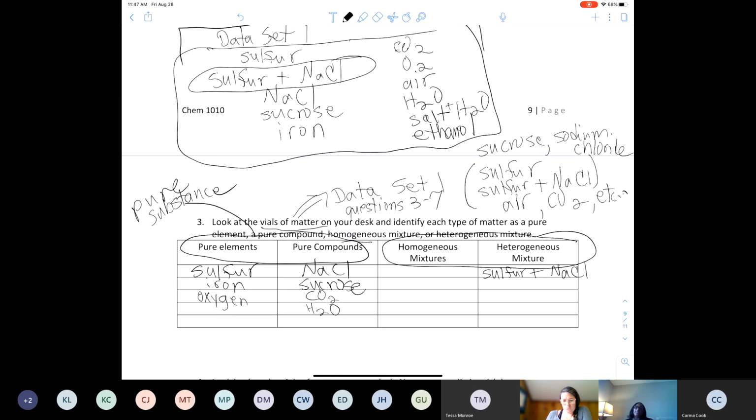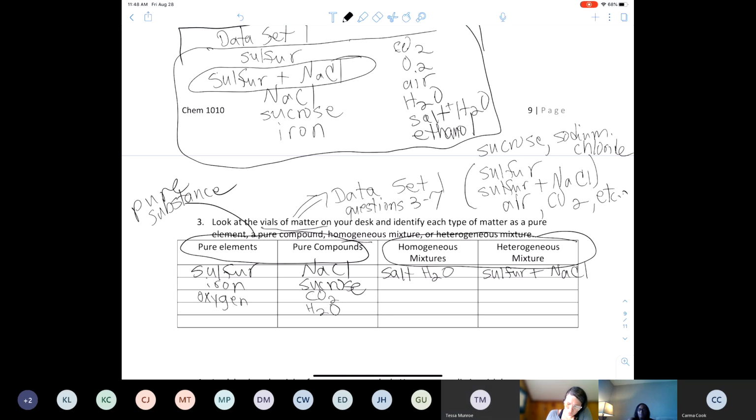Could you see some salt sitting on the bottom of the vial, or was it all mixed in? Was that salt completely dissolved? Probably. So I'd say we'll call that a homogeneous mixture, because that salt was completely dissolved in the water. It was all mixed in very well. There wasn't any salt sitting at the bottom of the vial.